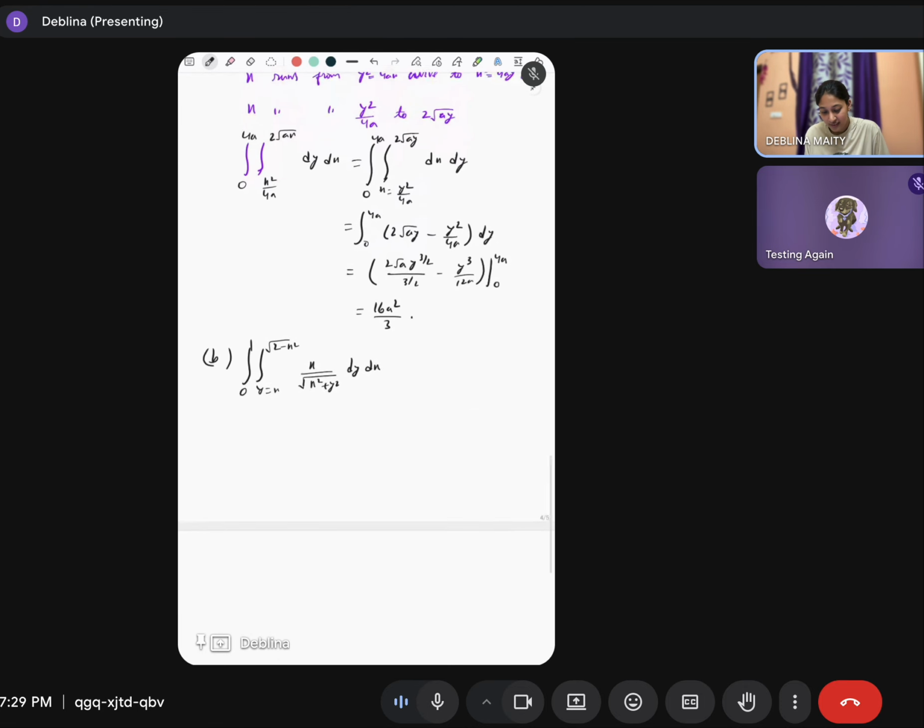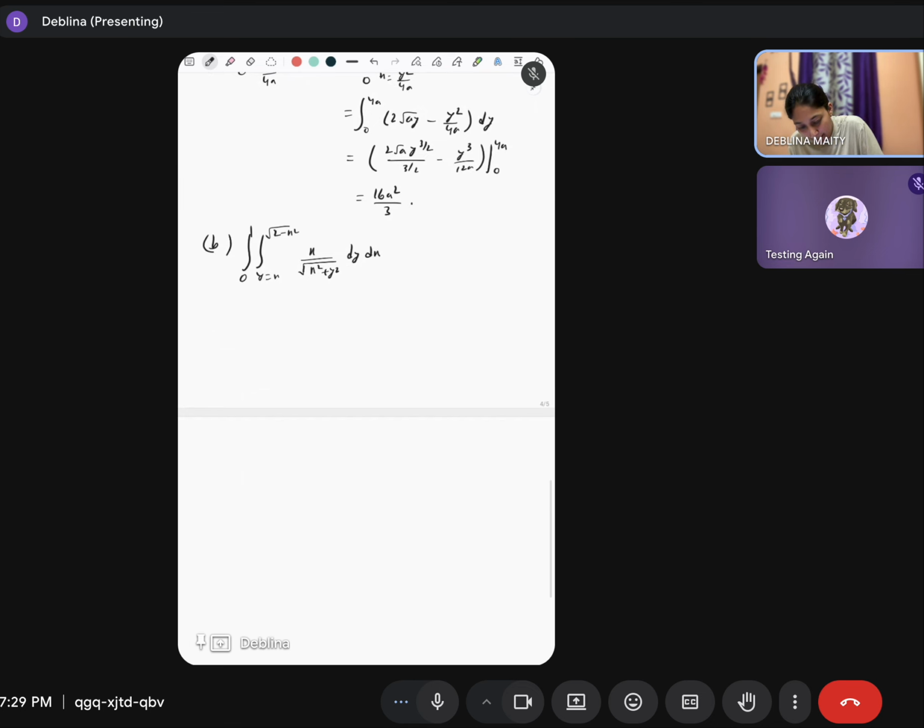Now what is this region? y runs from y equals to x; the line y equals to x is this one, and y equals to root over 2 minus x square. What is this curve?